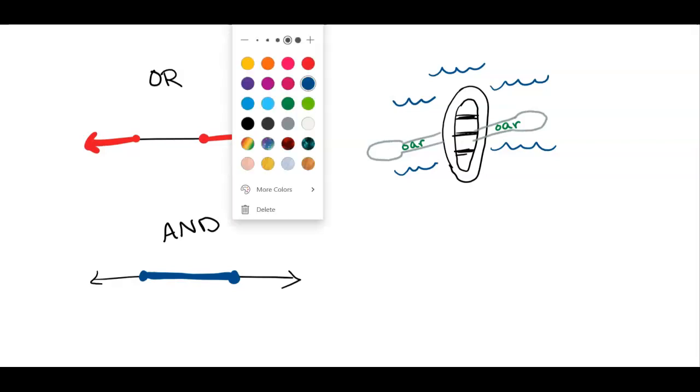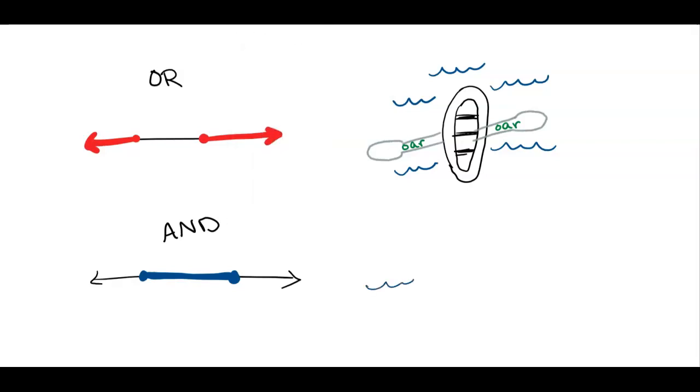So if we're talking about "and" compound inequalities, I want you to, again, think about the water, the beautiful blue ocean. But then the thing that we're drawing here, see if you can guess what this is. It's probably going to look a little wonky because I can't find a brown marker in my OneNote anywhere, but we'll start with this.